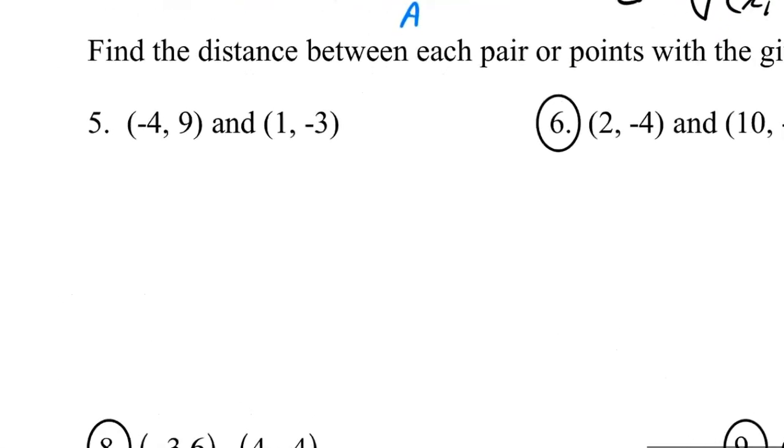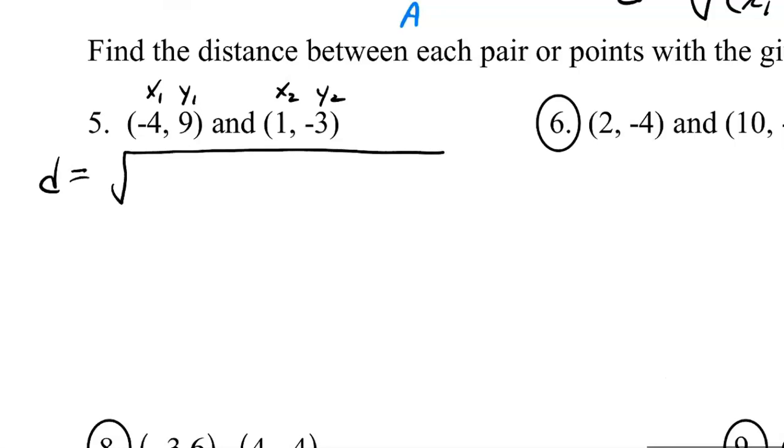So first, sometimes it's helpful to identify which coordinate is which, so I will label them. So the distance between these 2 points would be the square root of -4 minus 1 squared plus 9 minus -3 squared.